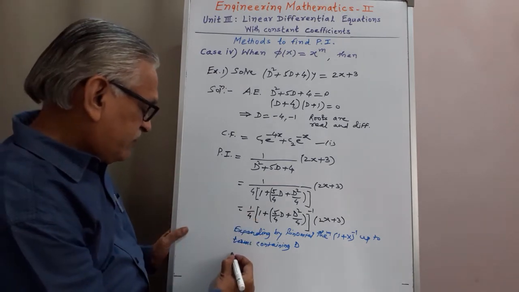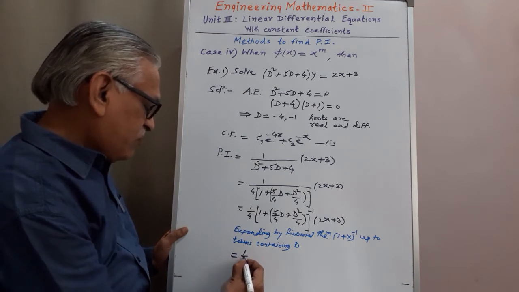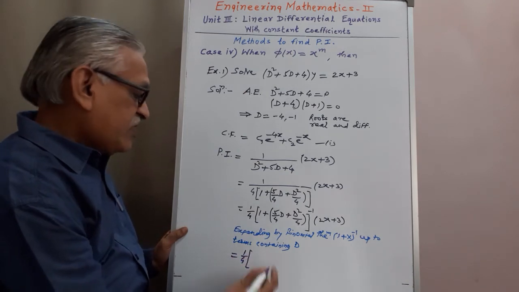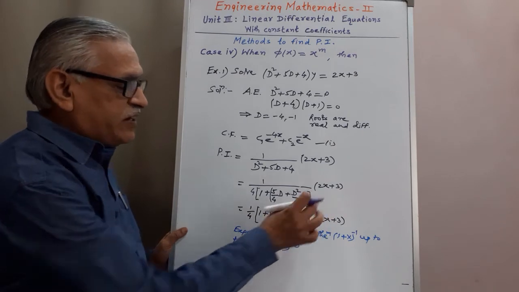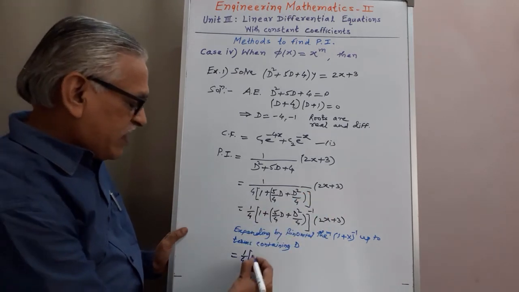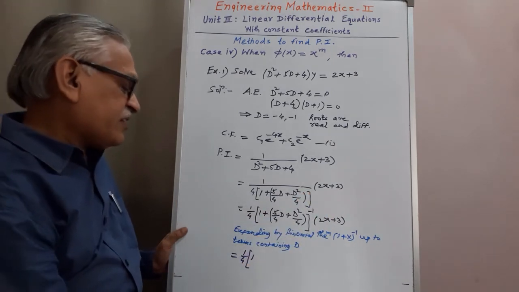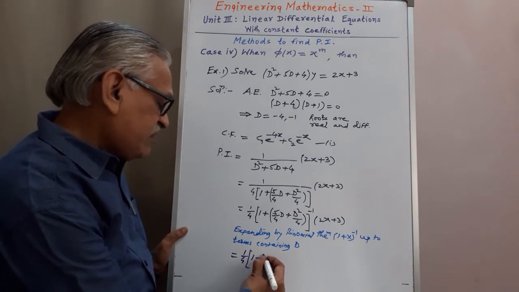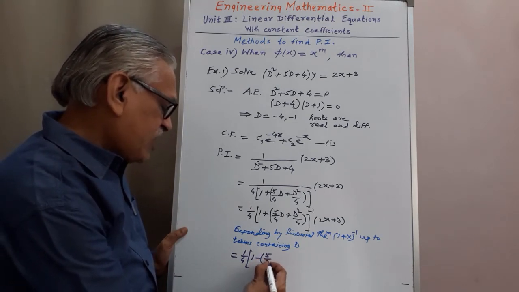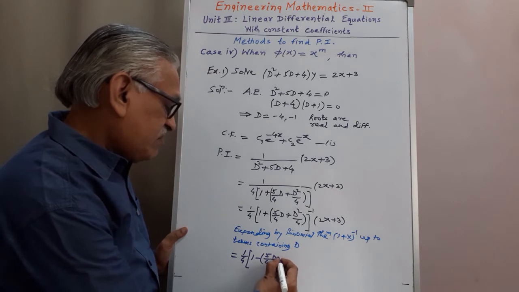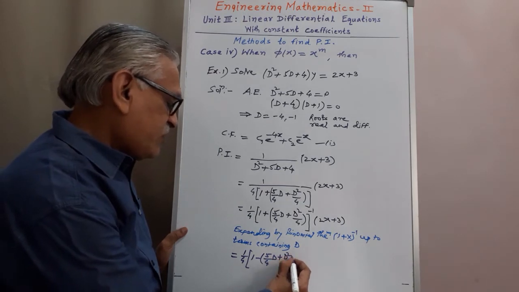P.I. is equal to 1 by 4, 1 plus capital X raised to minus 1. Its expansion is 1, then minus x. X is here 5 by 4 times D plus D square by 4.